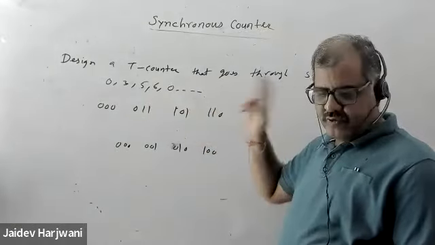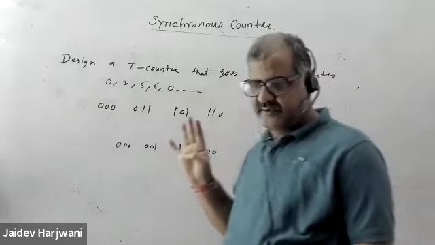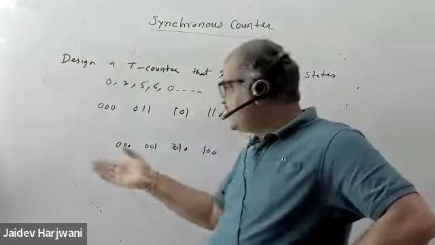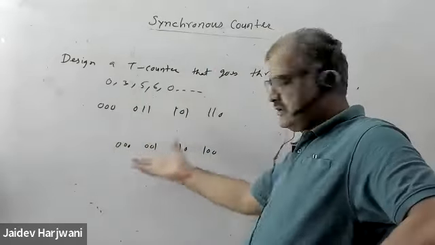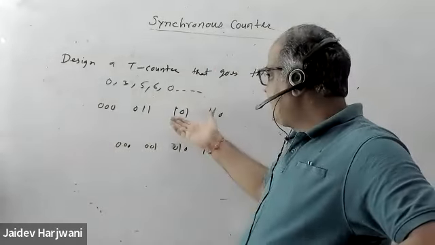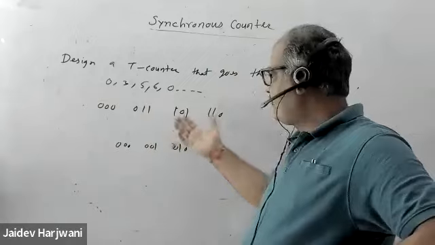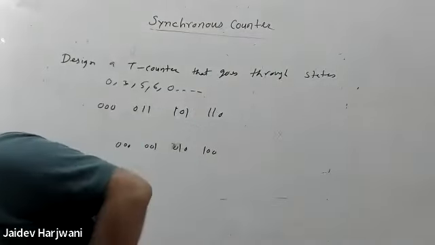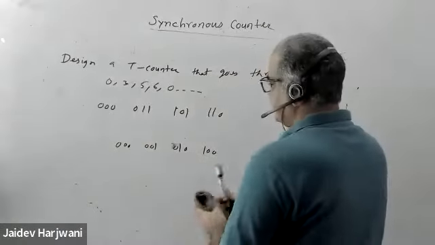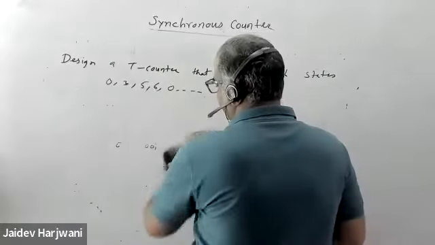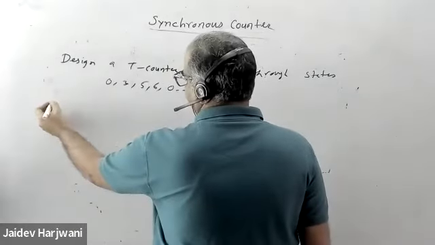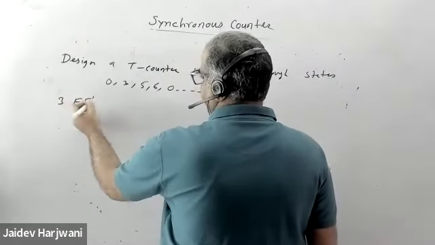See, a 2-bit counter can count 4 states, but that state should come like this. If 5 is coming, a 2-bit counter cannot count 5 and 6. For that you need 3 flip-flops. So the first step is to find out how many flip-flops are required. T flip-flops required: 3 flip-flops are required.